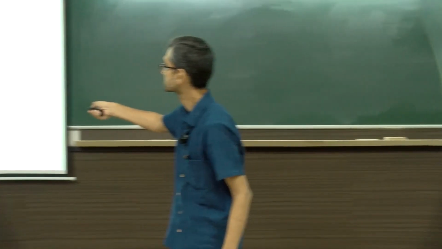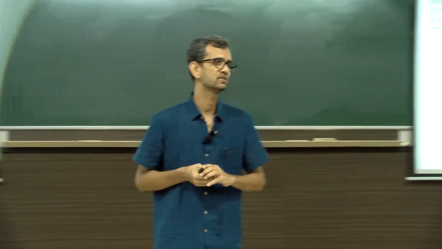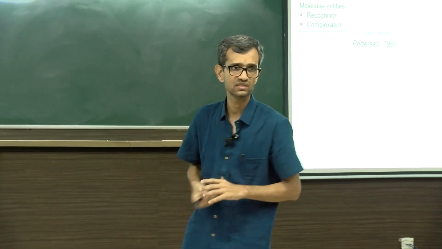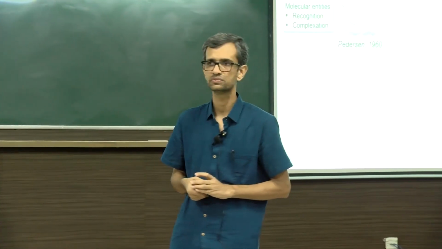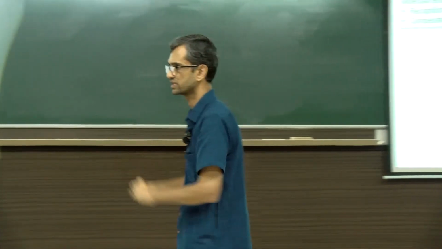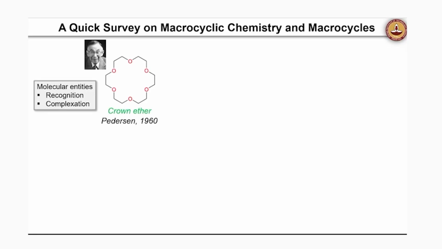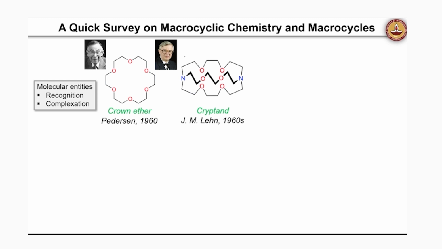So this is the interaction that this particular macrocycle introduces, and the photograph that you are seeing there is Pedersen, who shared a Nobel Prize with Jean-Marie Lehn for this development. This is the very first molecule known, I would say in the 1960s, characterized by Pedersen.